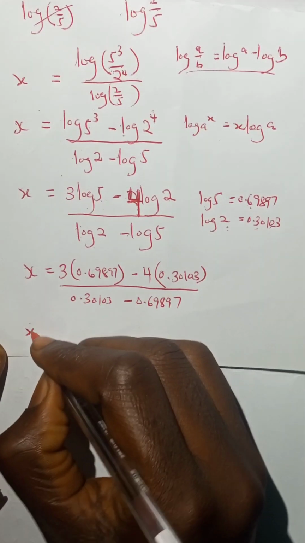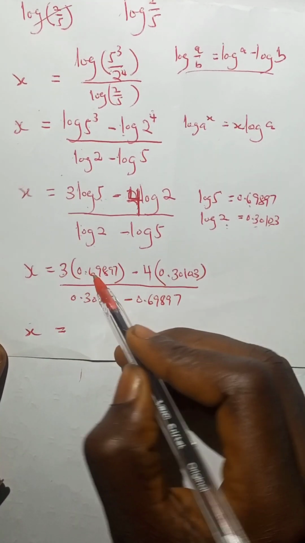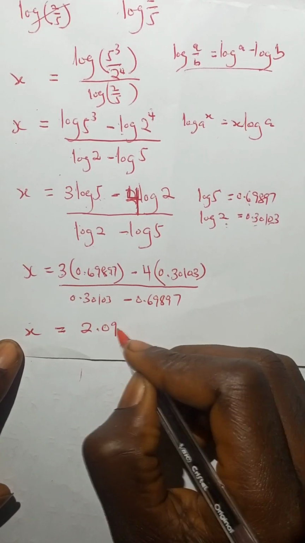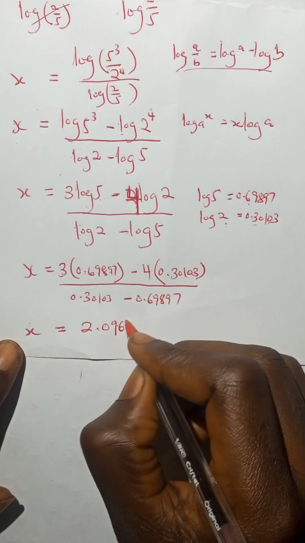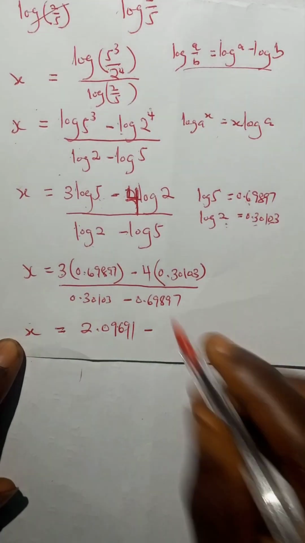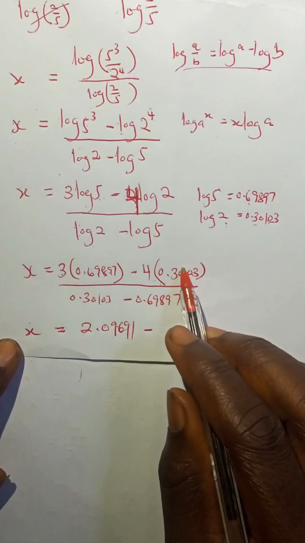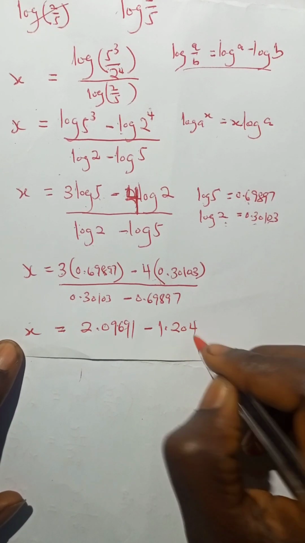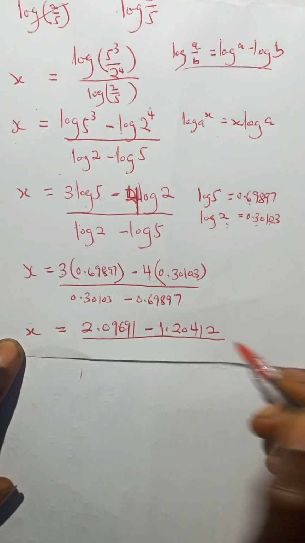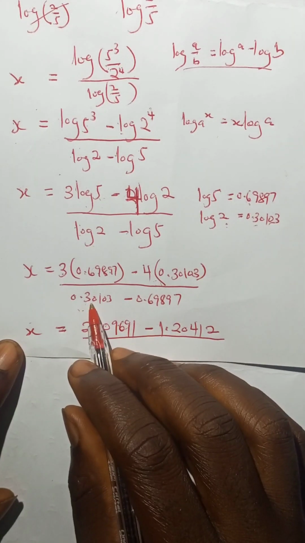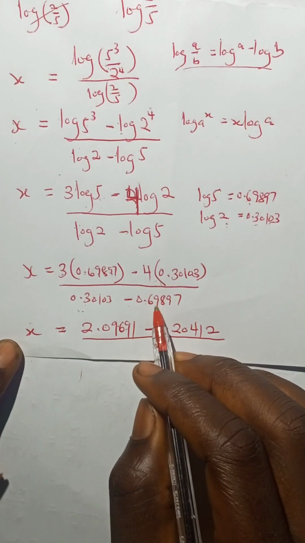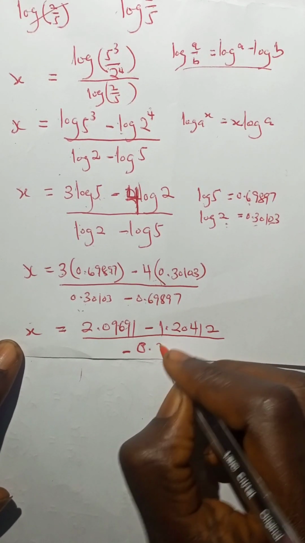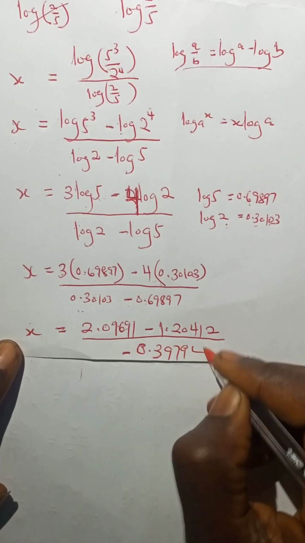Okay, we have x equals, so 3 times 0.69897 will give us 2.09691 minus 4 times 0.30103 will give us 1.20412, divided by 0.30103 minus 0.69897 gives us negative 0.39794.